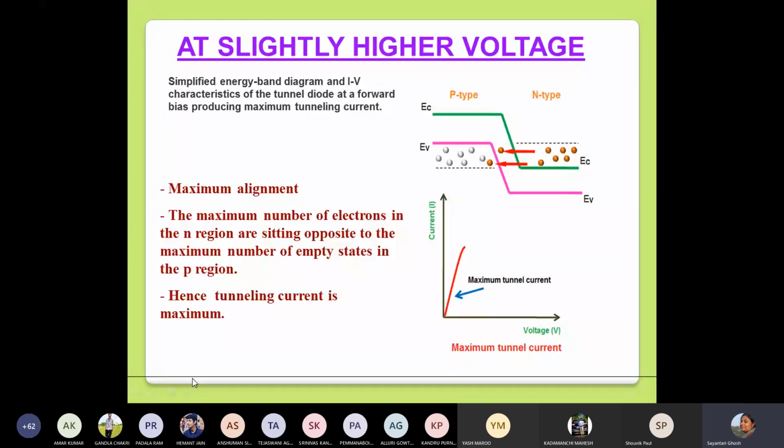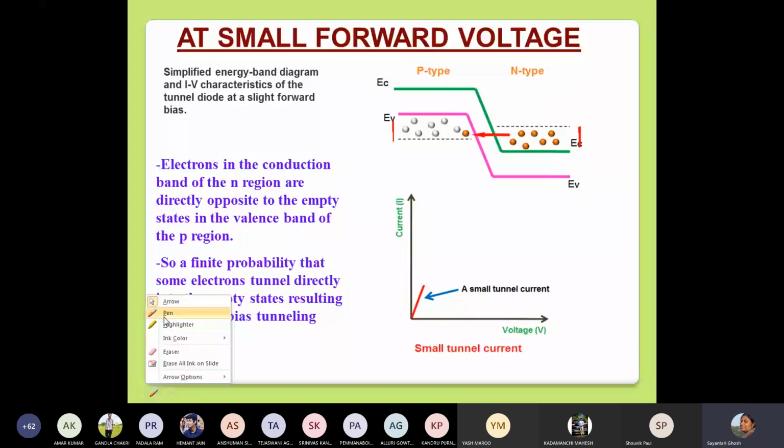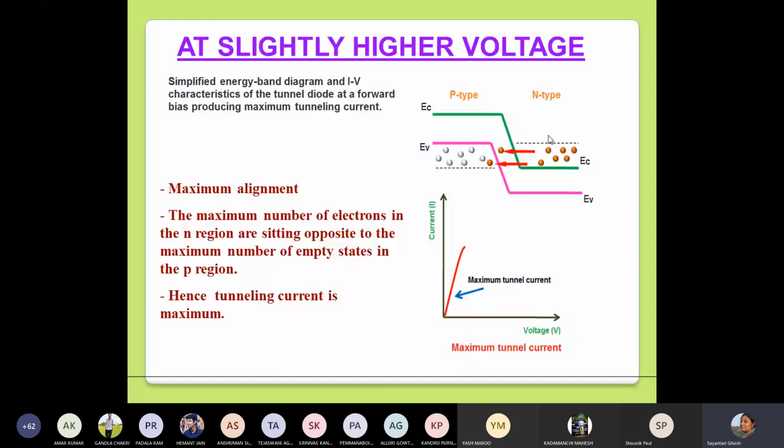In the previous case, the portion that was overlapping on both sides was only this much. As you go on increasing the potential, the region that is visible for these holes and these electrons continuously increases, and at one point it reaches a maximum.